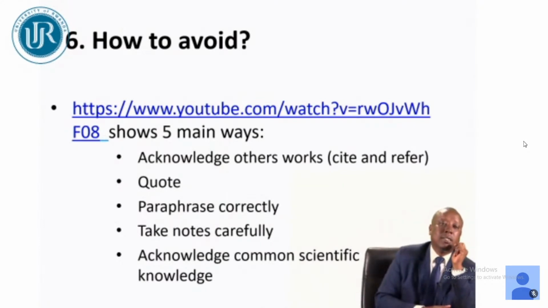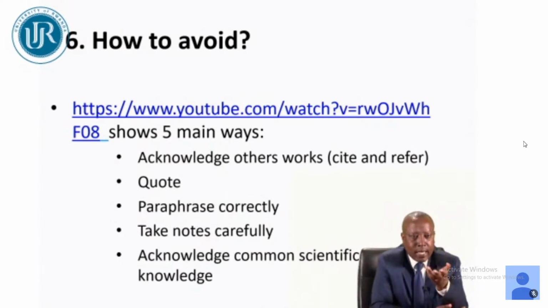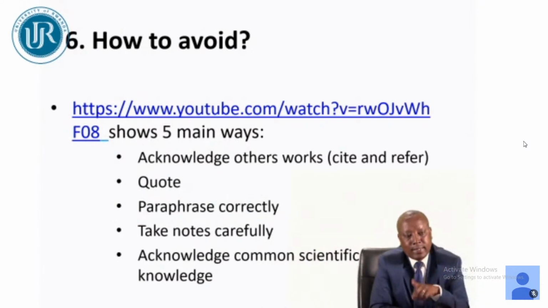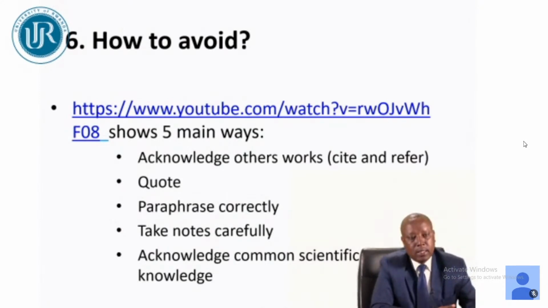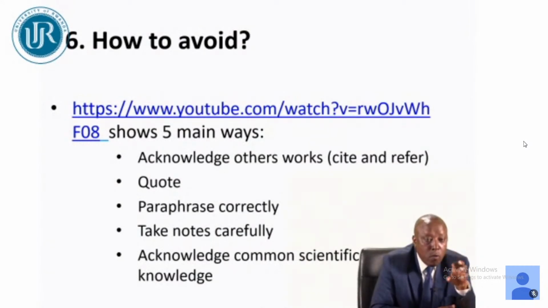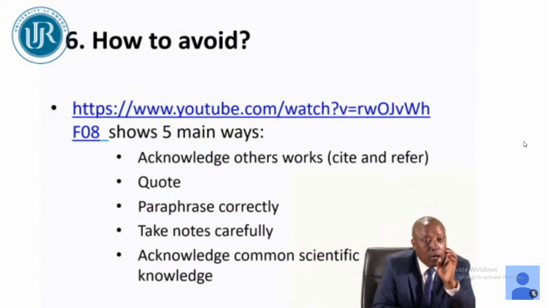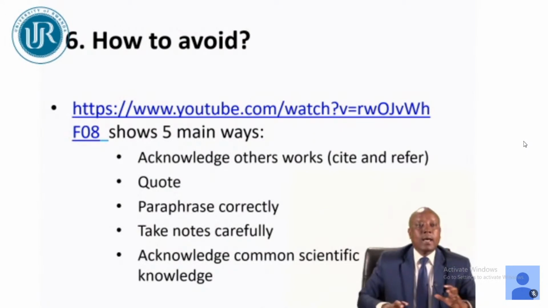Imagine the time you are going to write your dissertations, or the time you are going to write an assignment, and your classmate is taking that assignment and submits it as his or her own assignment. If you discover that your classmate has done it, how are you going to feel? The way you are going to feel is the same way I'm going to feel if you are taking my work and you don't acknowledge me. So try not to do this.